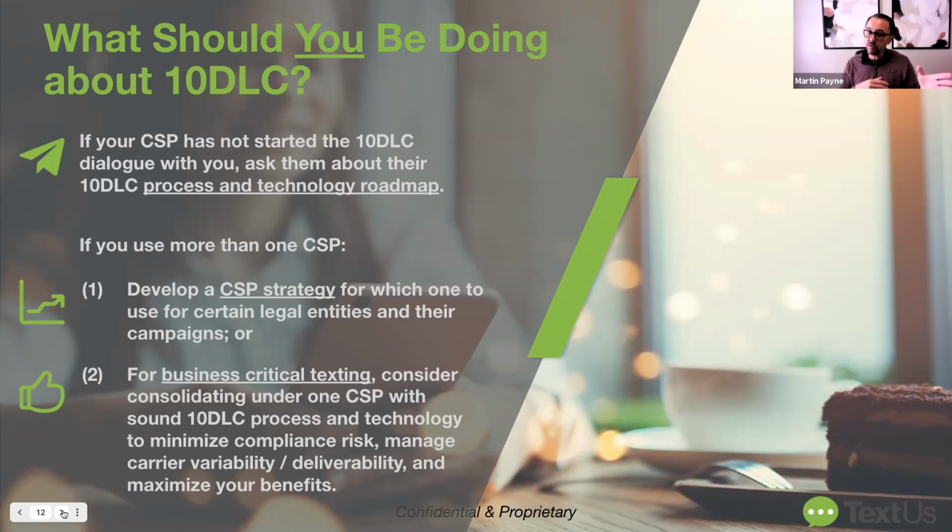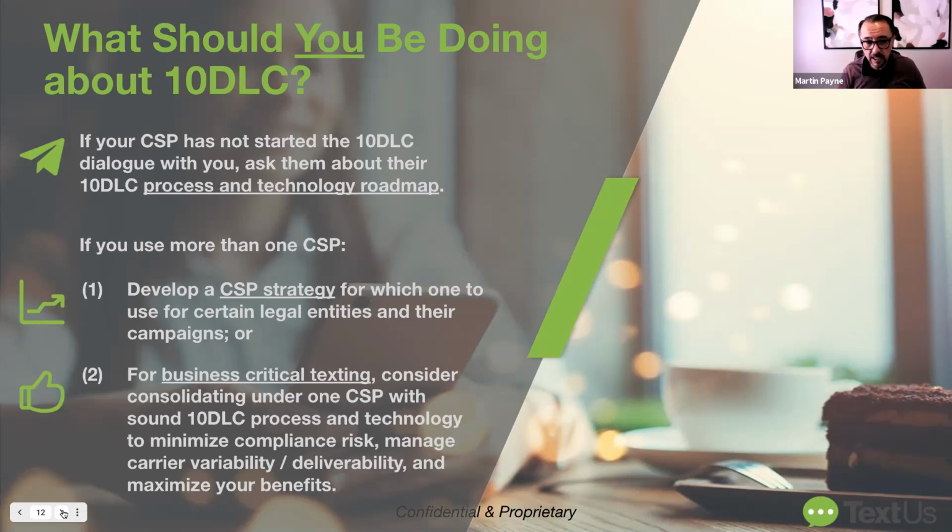Some CSPs do certain things better. Other CSPs do other things better. And I think you really want to be intentional about mapping the CSP's capabilities to that of your legal entities and how those legal entities are going to use texting in a world with 10DLC.